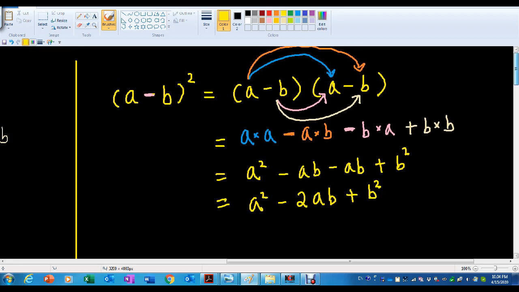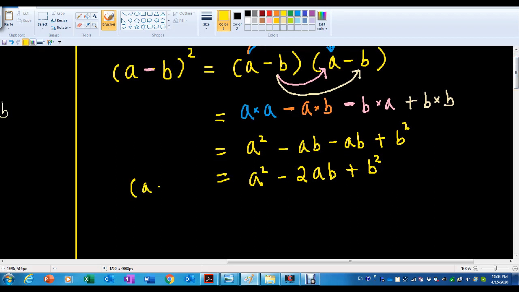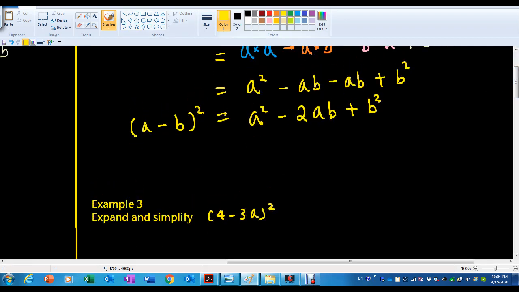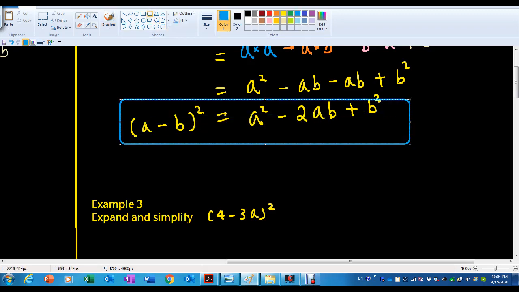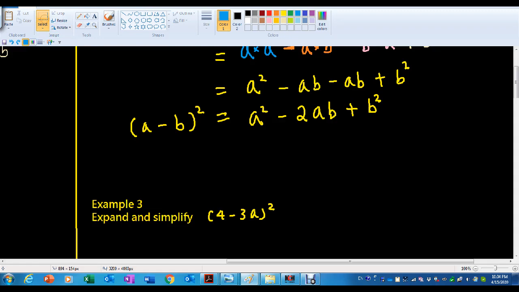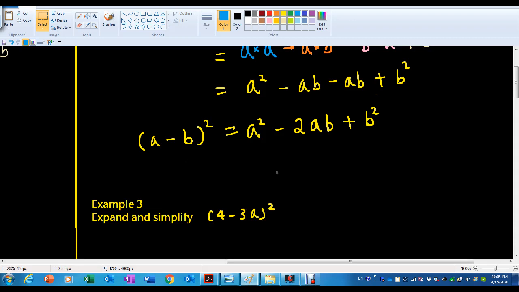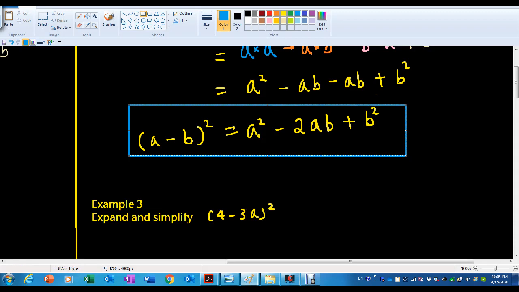Okay, so now let's compare. If we have this one, a minus b squared equals this one, can we compare with our previous result? Okay, so that's our current result. Okay, so that's a minus b squared.